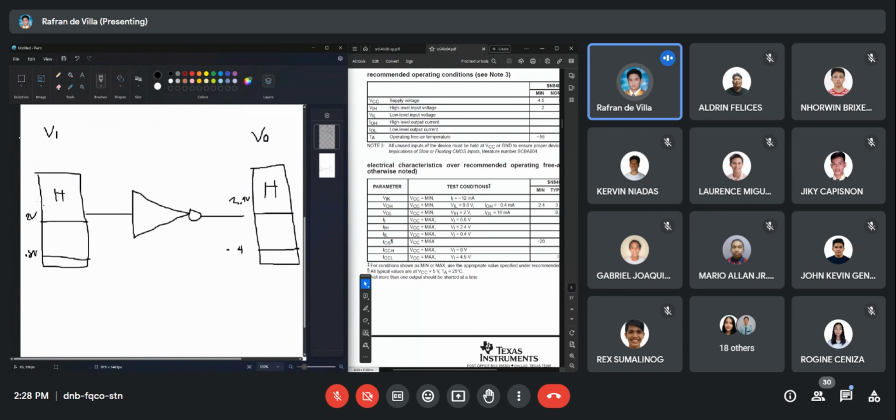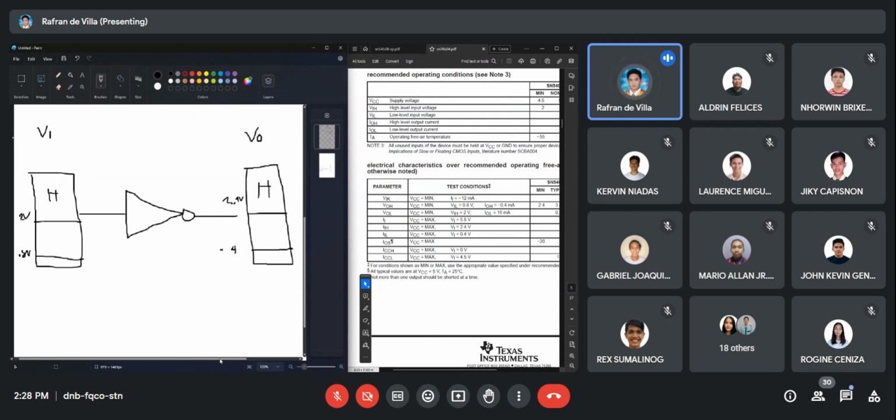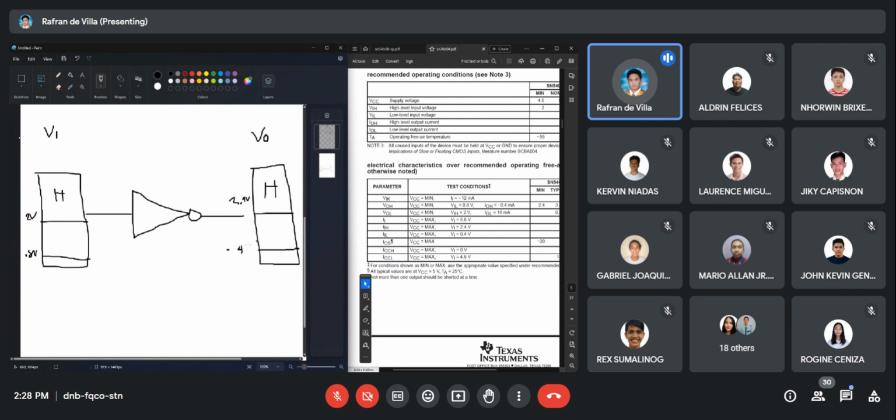So within sa range sa input. The same is true also if your inverter generates an output low. Gi-indicate man sa diri ang output low is 0.4. So kung mo generate siya 0.4 nga output, sulod gyapon siya diri sa maximum nga input for an inverter which is 0.8 volts.